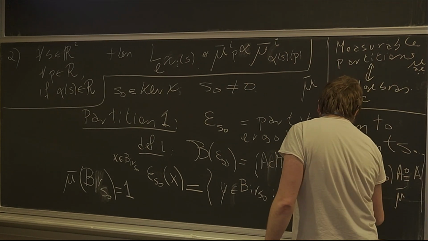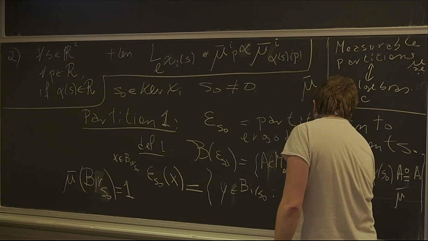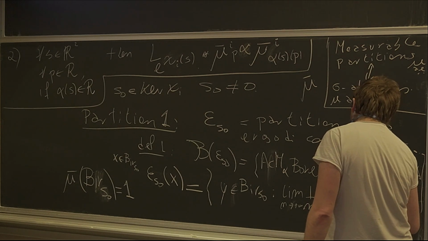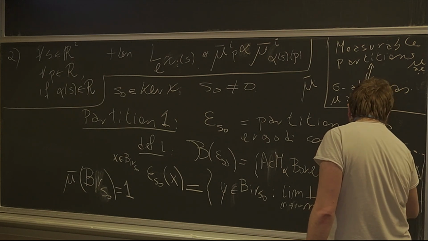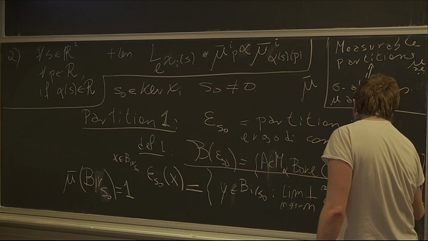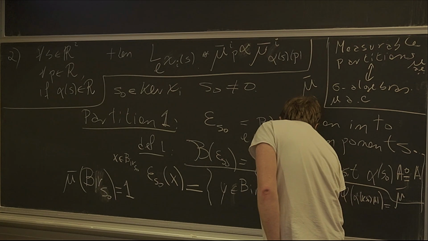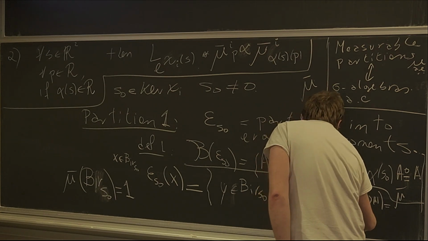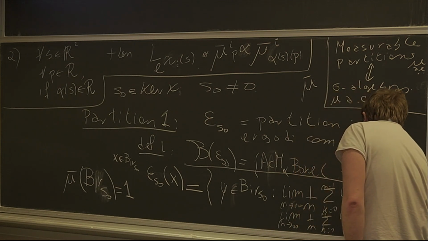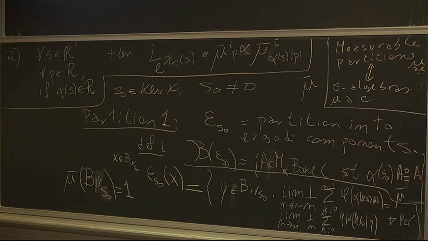The sum from K equals 0 up to N minus 1, N going to plus infinity, of phi of alpha K S naught of X is equal to the same sum from K equals 0 up to N minus 1 of phi of alpha K S naught of Y, for every phi in C naught, or any dense set in L1.